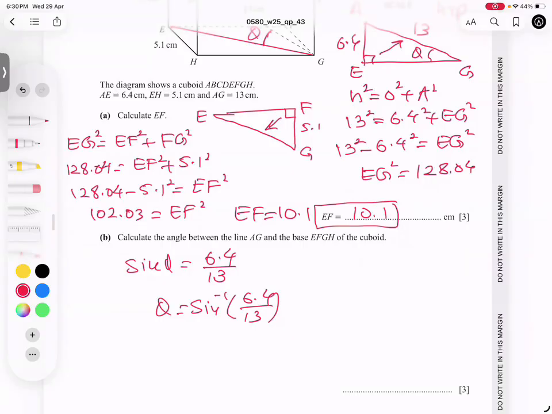So sine inverse of 6.4 divided by 13 gives the answer 29.49. We need 1 decimal place, so the answer is 29.5 degrees. So 29.5 degrees. I hope the point is very clear.